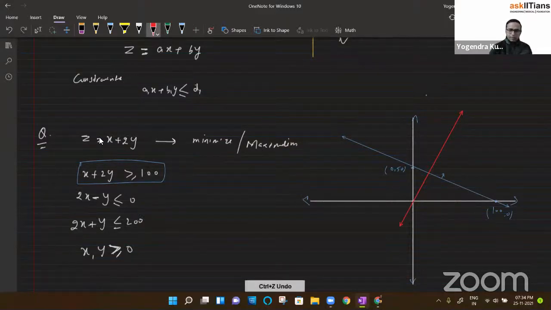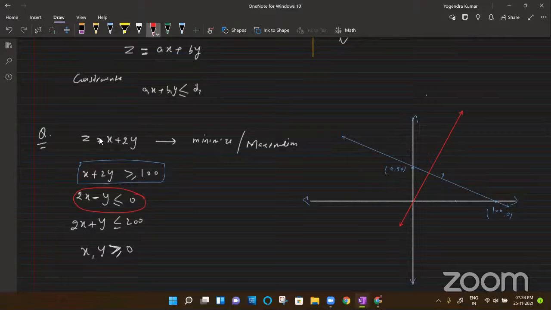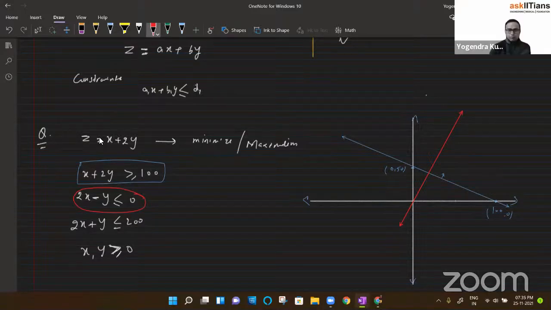To decide that, if I put 0 comma 0, it is not going to help us here. So what point should we put? We can put 1 comma 0, or some other point. If I put 1 comma 0, it will not satisfy this, towards the positive y-axis. So this side part. We'll see that, because we have the next condition.